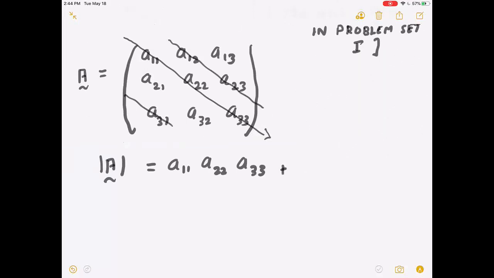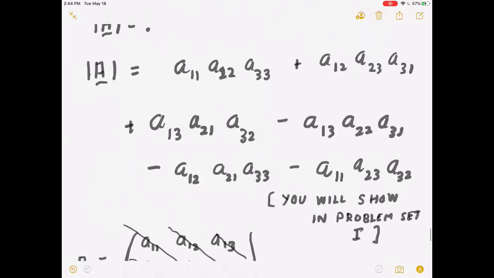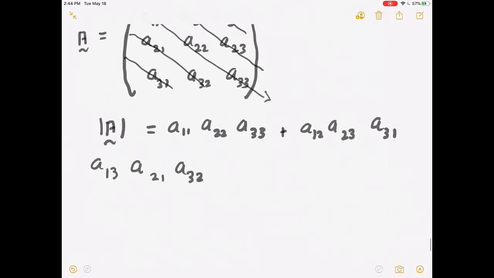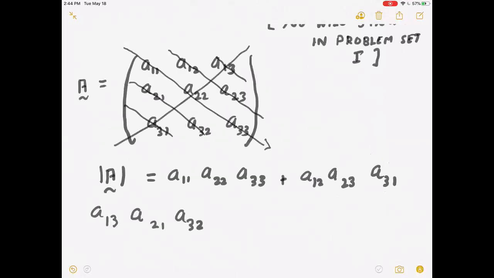Then using my high school rule, I'll get a sub 1, 2 times a sub 2, 3 times a sub 3, 1. Then again, I'll get a sub 1, 3 times a sub 2, 1 times a sub 3, 2. You should note that you're getting exactly what you got before by brute force. And then the high school rule says go backwards, but you use minus signs.